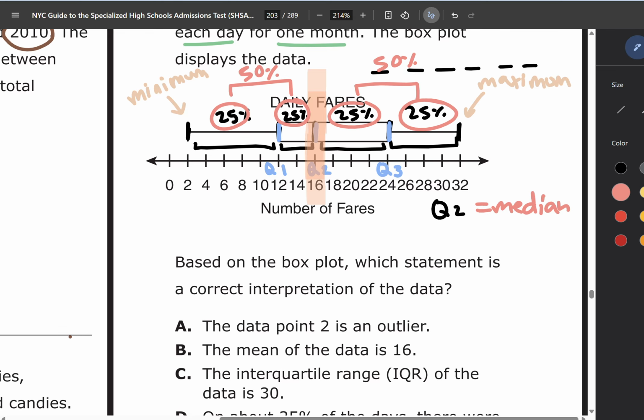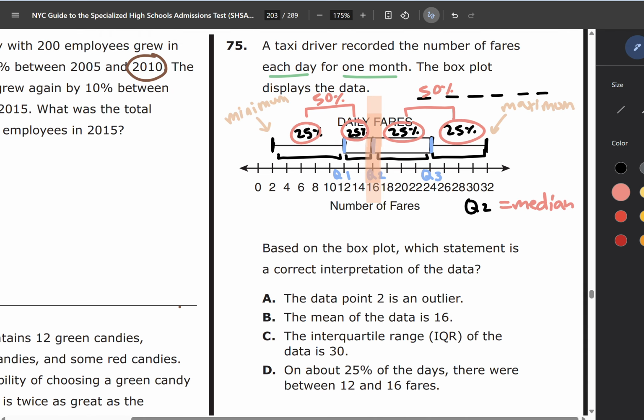Now, knowing all this, we're going to answer our problem. Based on the box plot, which statement is a correct interpretation of the data? First, A: the data point 2 is an outlier. This is wrong. You should know the definition of an outlier.